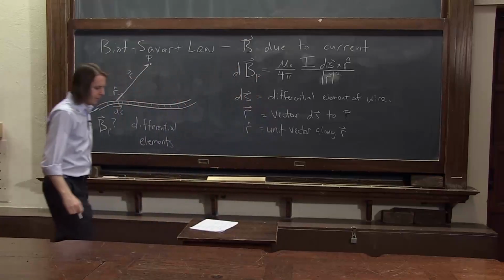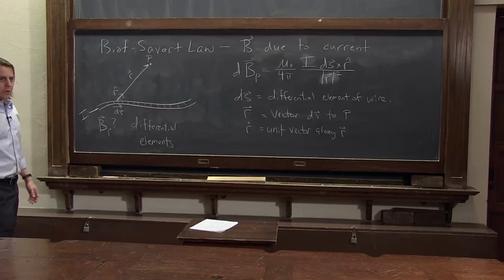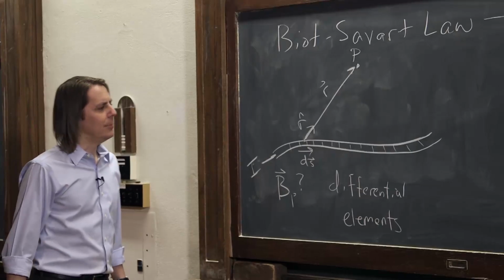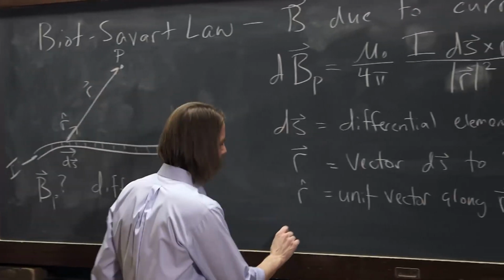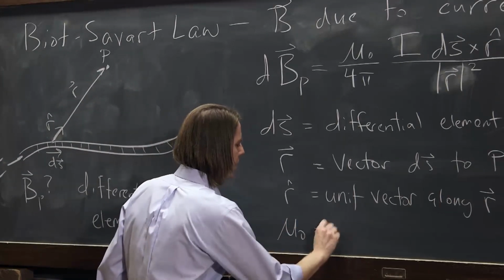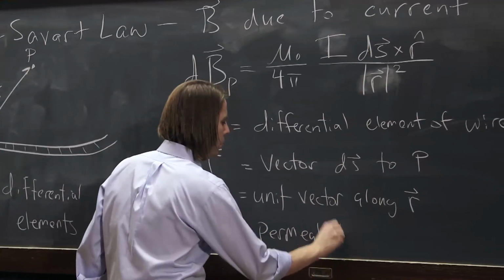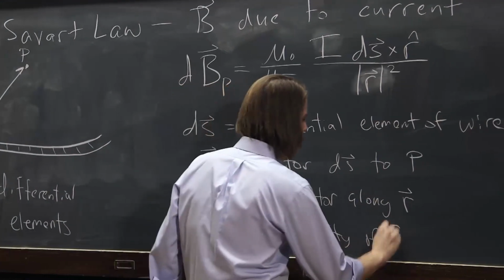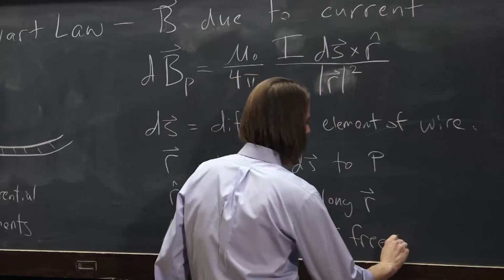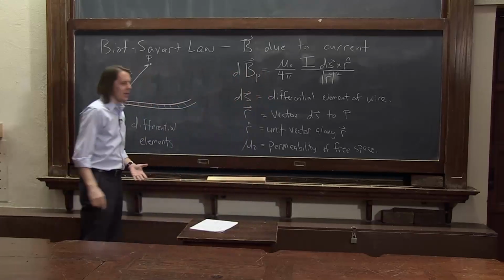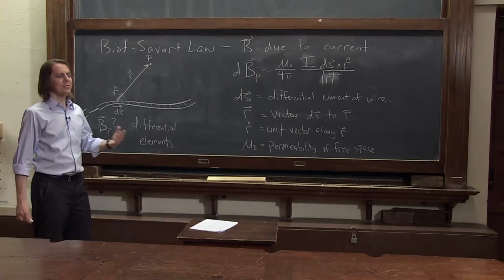And let's see, 4 is the fourth integer, and pi, you know what pi is, and mu naught, that's the one that is left. Mu naught is the permeability of free space. It's a lot like epsilon naught for the electric field, the permittivity of free space.